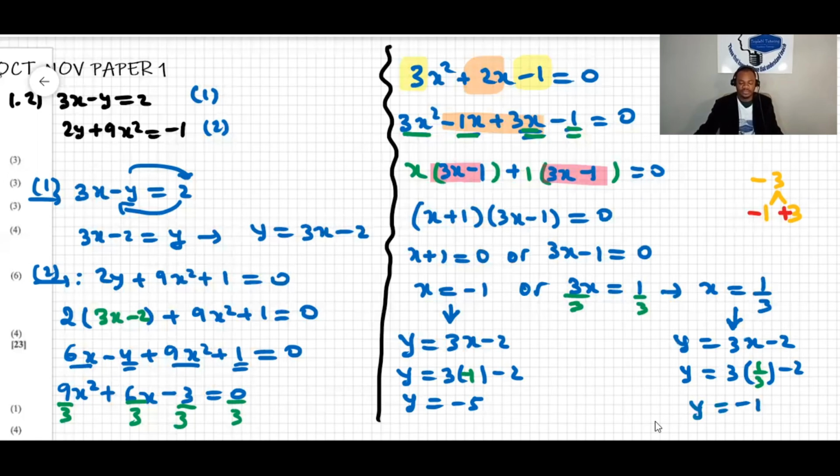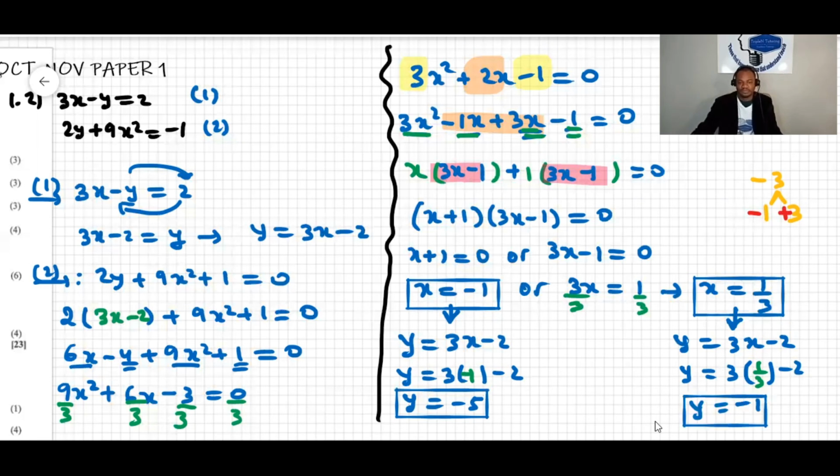Then we can say we solved for x and y simultaneously. When x is equal to -1, y is equal to -5. And when x is equal to a third, y will be equal to -1. Thank you.